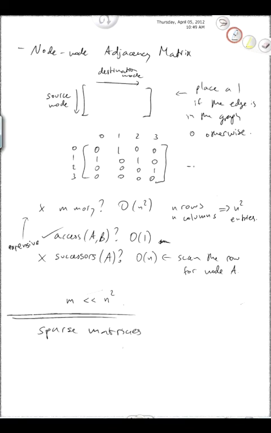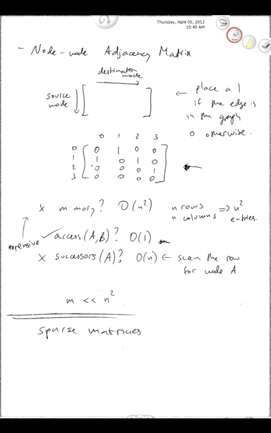So if you look at this adjacency matrix that we created for our example graph, most of that matrix is just made up of entirely zeros. And that's just a lot of space that we're wasting.